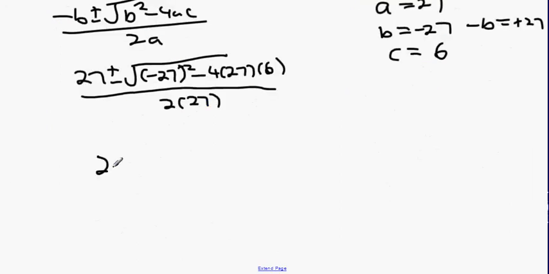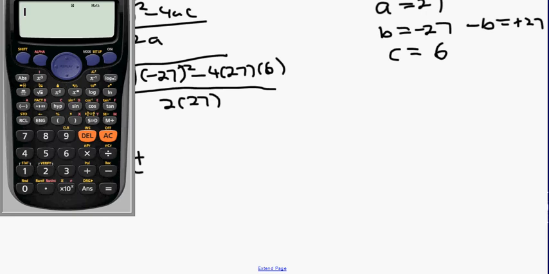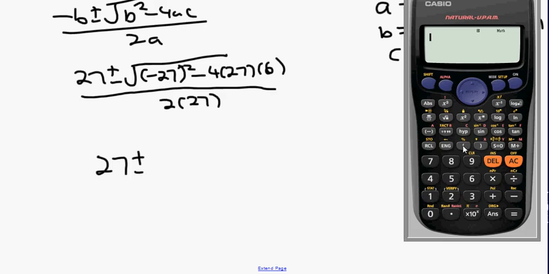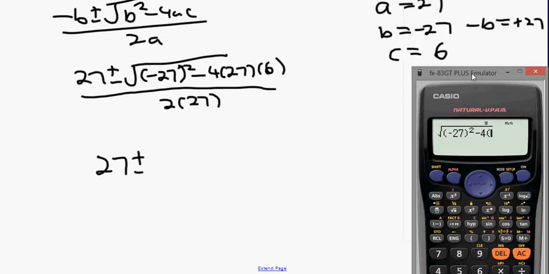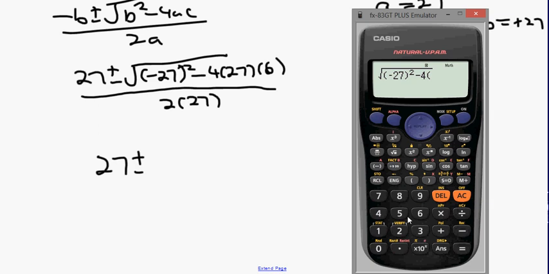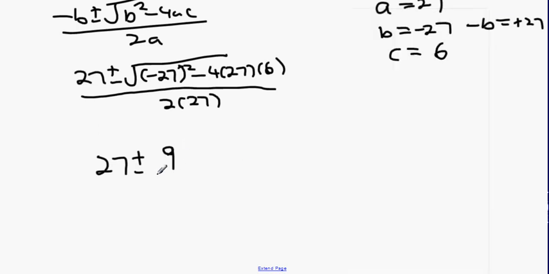So what we're going to have is 27 plus or minus the square root of minus 27 squared, minus 4 times 27 times 6, turns out to be 9, all over 54.